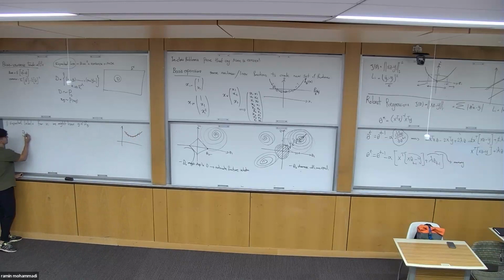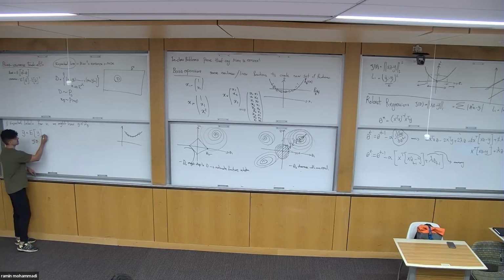If we're dealing with continuous, it's going to be the expected value of y given x. You are trying to find the expected value of y based on the x value, right?